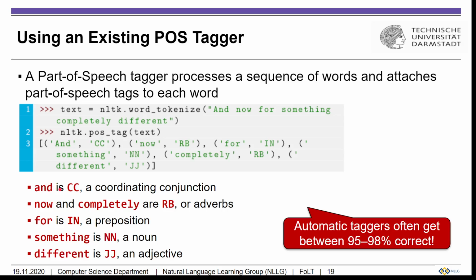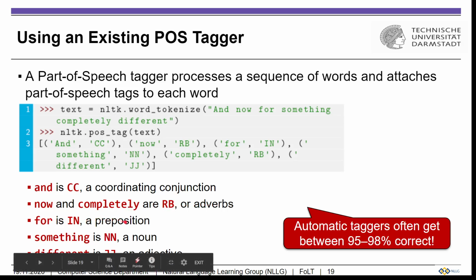In this case here, if we want to look into some special cases, then we see that the first token here, and, is what is called CC in this tag set, namely a coordinating conjunction. So it's a conjunction which coordinates like two parts of a sentence. RB stands for adverb.